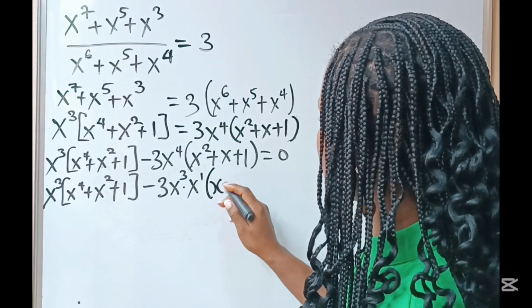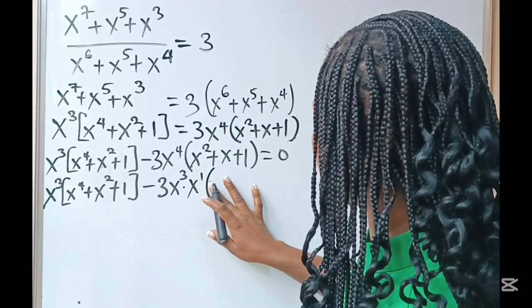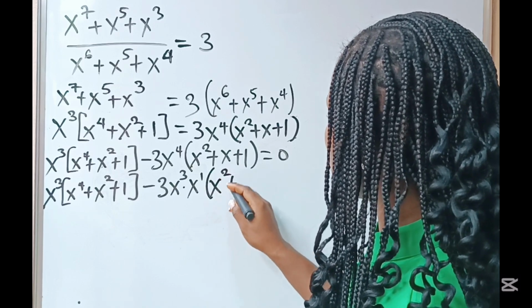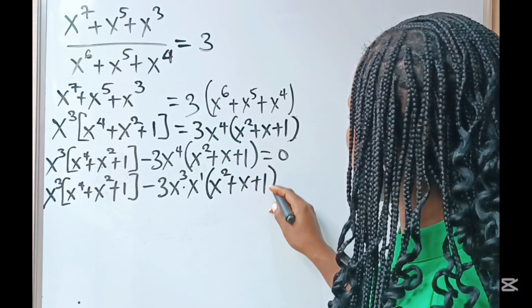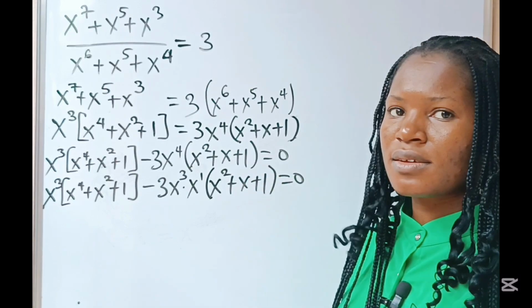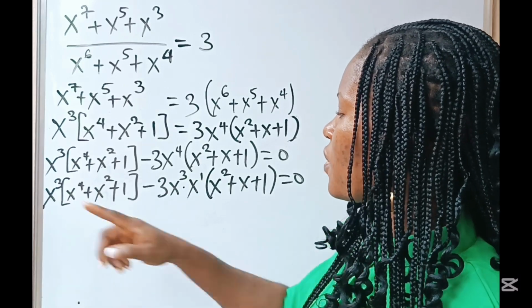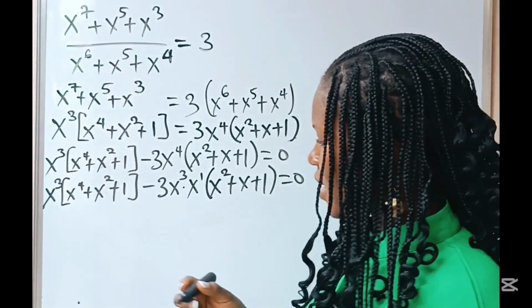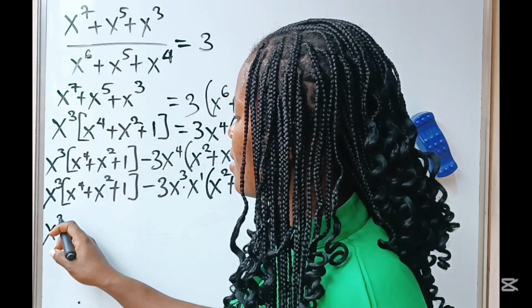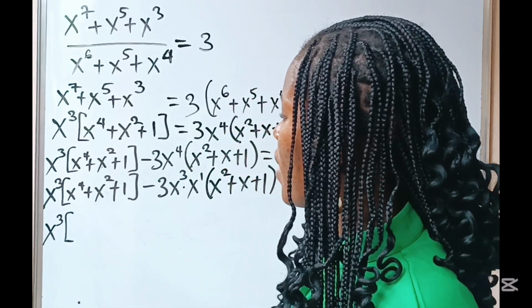Open brackets, x to the power of 2, x to the power of 2 plus x plus 1 is equal to 0. So we now have x to the power of 3 and x to the power of 3, so let's factorize that out first. If we factorize that out, we have x to the power of 3, open brackets.